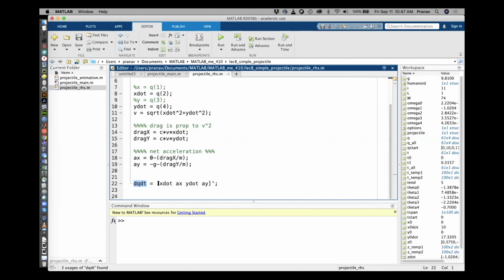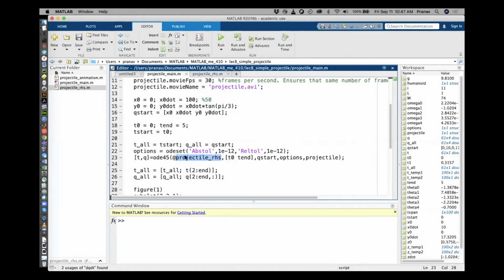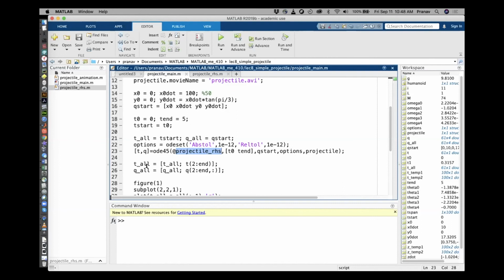And the way it is done is I define the velocity, acceleration in the x direction, then velocity in the y direction, and acceleration in the y direction. And that is a part of dq dt, or the equations of motion, which then go to projectile ODE45. And then it just does this integration from the start, which is 0, to end, which is 5.